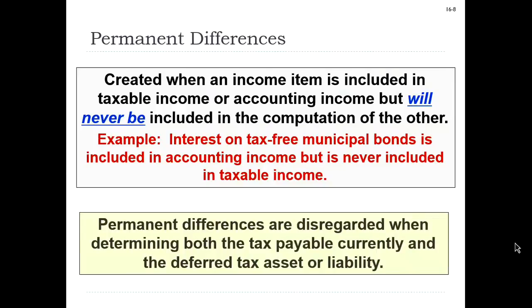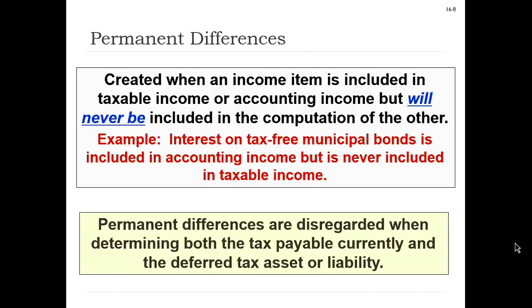Now, in comparison to temporary differences, we have the counterpart, which is the permanent differences. Permanent differences are created when income is included in either taxable income or accounting income, but it will never be included in the computation of the other.